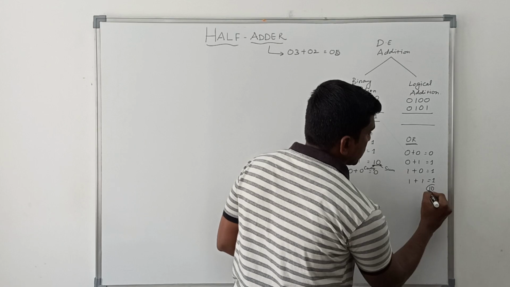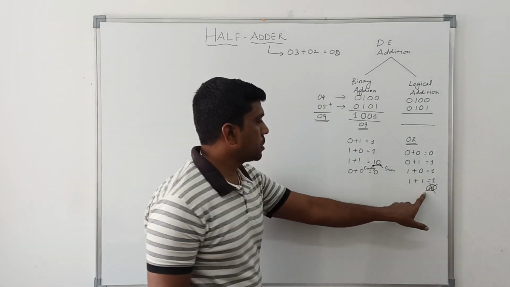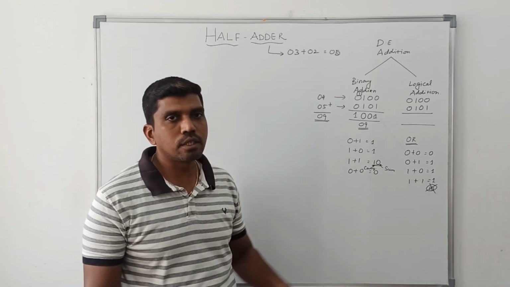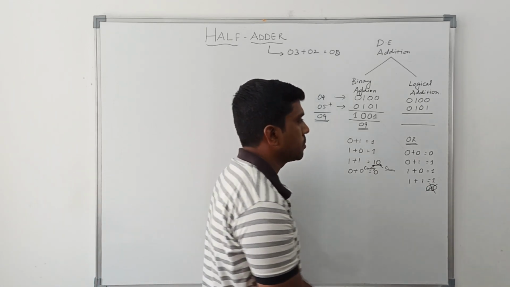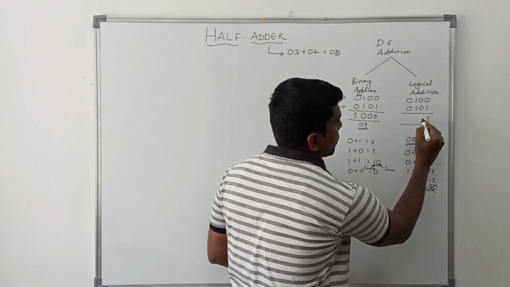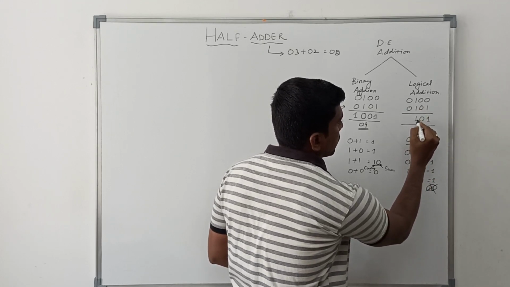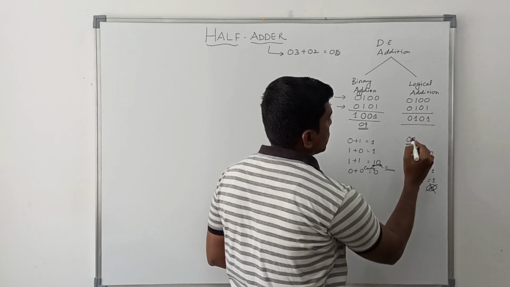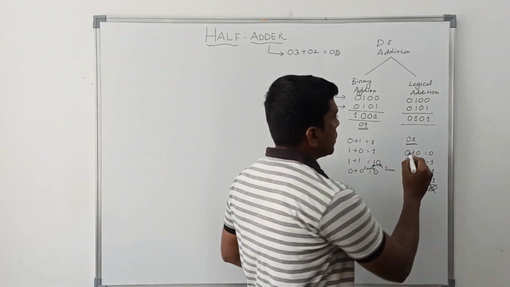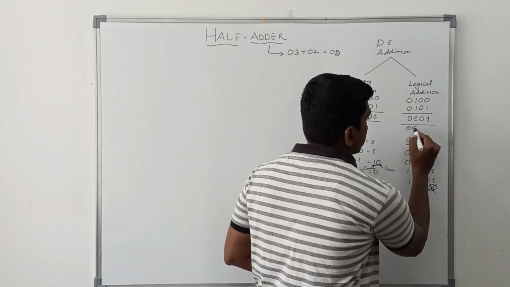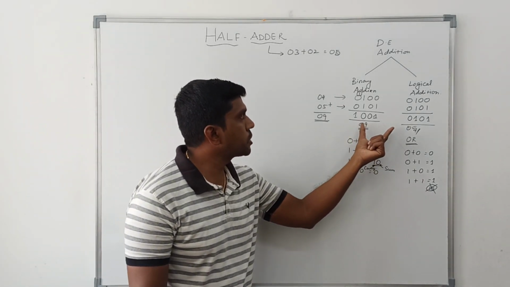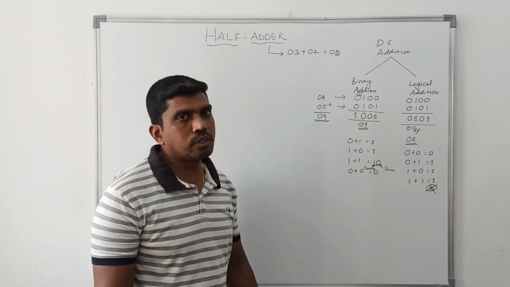So not 1 0. 1 0 comes in binary addition. In logical addition 1 plus 1 the result is 1. Just check the property: 0 plus 1 is 1, 0 plus 0 is 0, 1 plus 1 is 1, 0 plus 0 is 0. So in binary addition the result is 09, in logical addition the result is 5. So it's the basic difference between binary addition and logical addition.